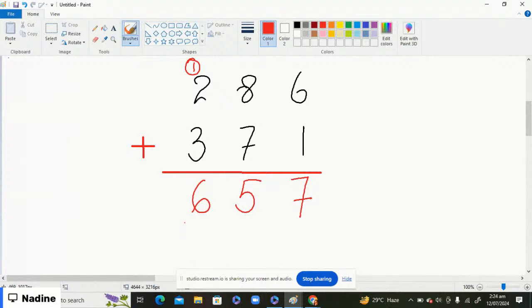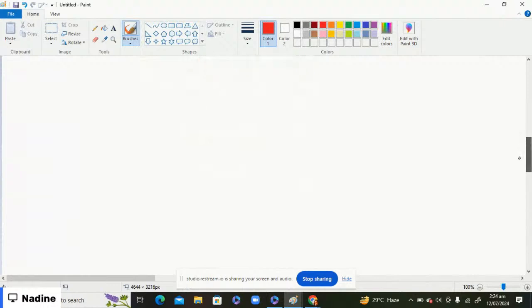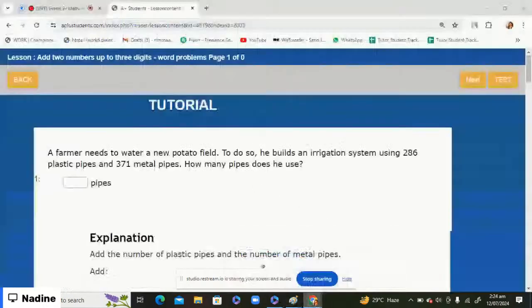When I solve it, my answer is this, 657. Now let's do the next question. Very well done. Everyone got the same answer. Okay, let's do the next question.